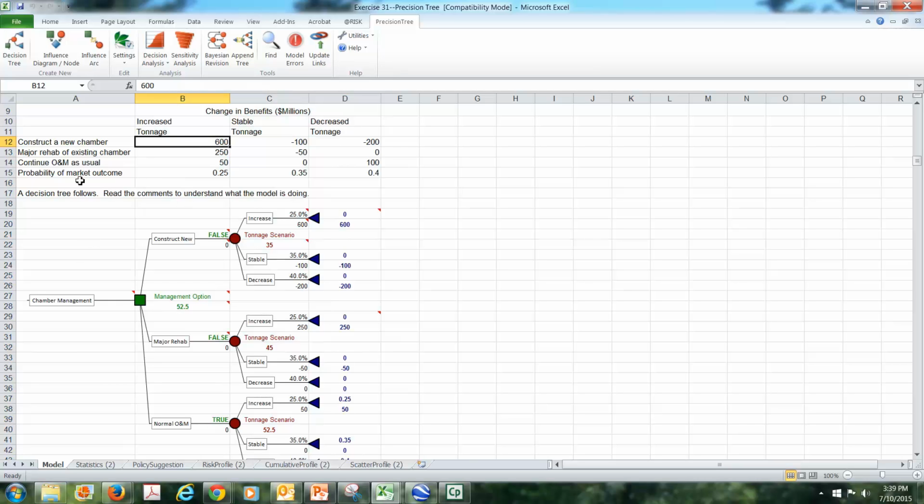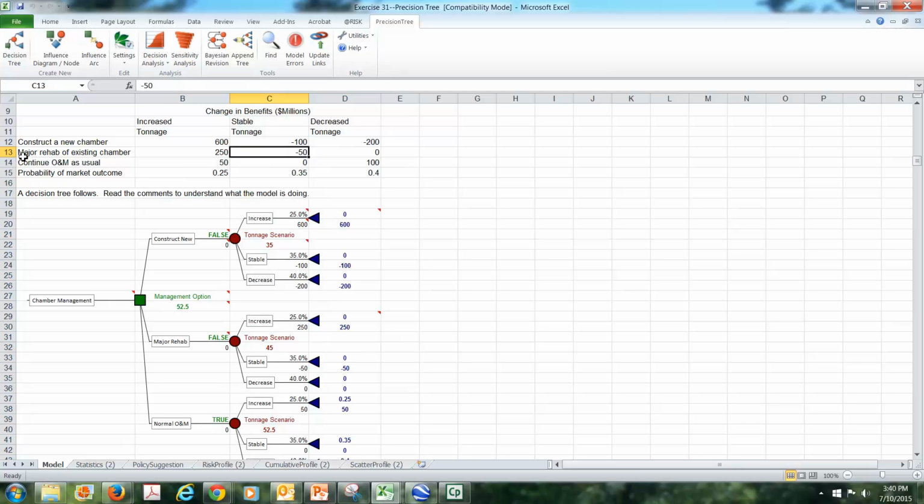And what we have here is a cell that is in a row and in a column. So if we construct a new chamber and tonnage increases, we will have a change in benefits of $600 million. Let's try this cell here.